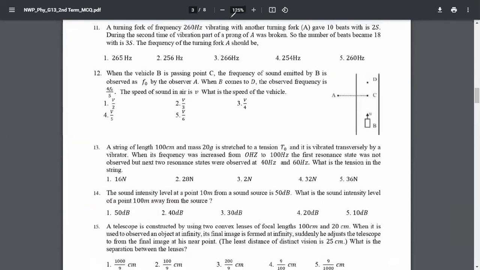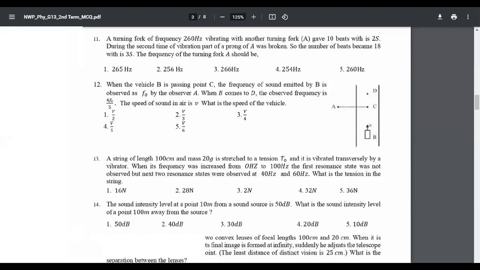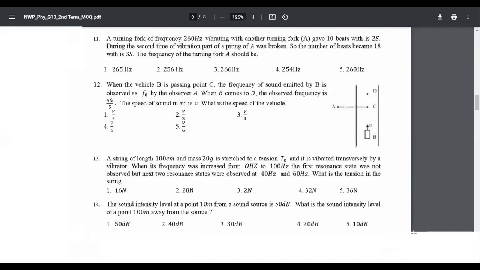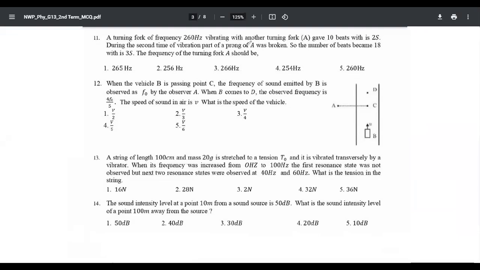Okay, then the next part. A tuning fork of frequency 260 hertz vibrating with another tuning fork A gives 10 beats in 2 seconds. So beat frequency is 10 over 2, that is 5 hertz.